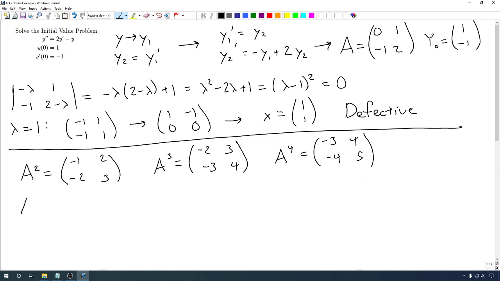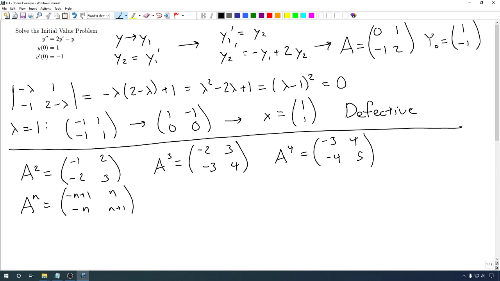In fact, A to the n is going to be negative n plus 1, n, negative n, and n plus 1. So we have a formula for A to the n, but getting that formula is already kind of a pain.